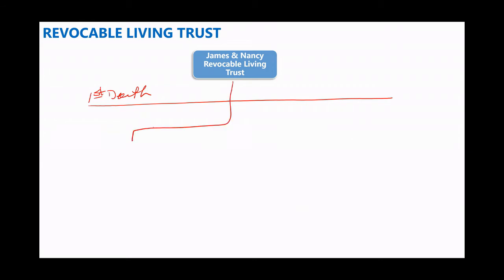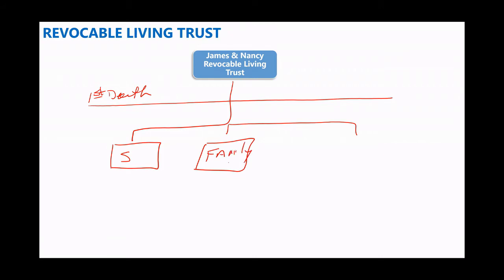So what I look at is, here we're going to have at our first death, we're going to take this trust, and we could split it out into a survivor's trust, a family trust, which is going to be irrevocable, and if we need it, we'll have a bypass trust.